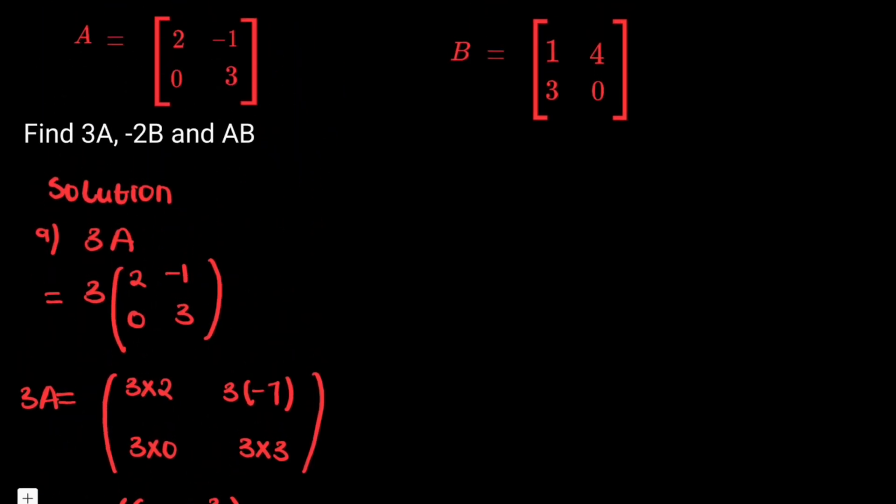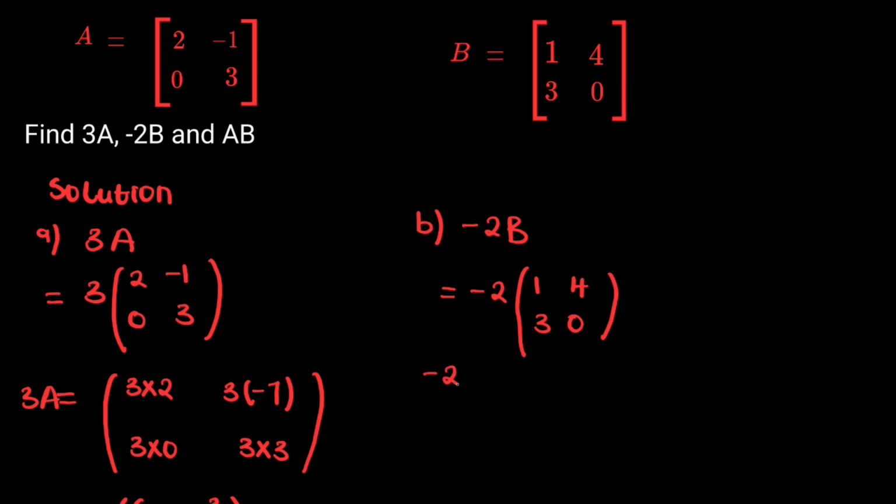Okay, so let's take the second part, B. So we have minus 2B. Now minus 2 is our scalar in this case, so we do the same thing. We multiply every element by the scalar, which is minus 2. So we have minus 2 into 1, 4, 3, and 0.